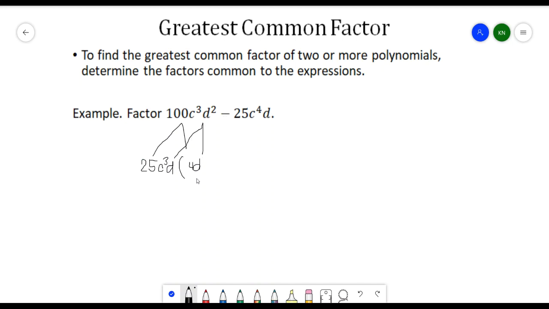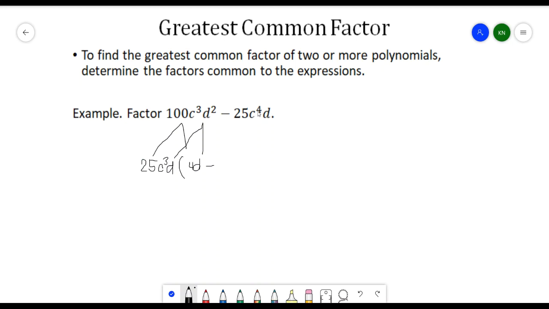For the second term, we have negative, since this is minus 25. 25 divided by 25 is already 1, so there's no need to write 25 again.